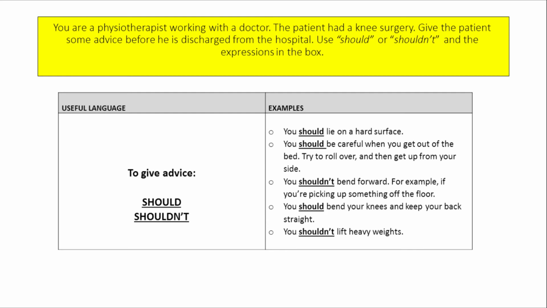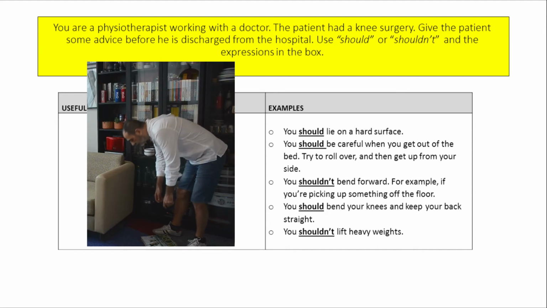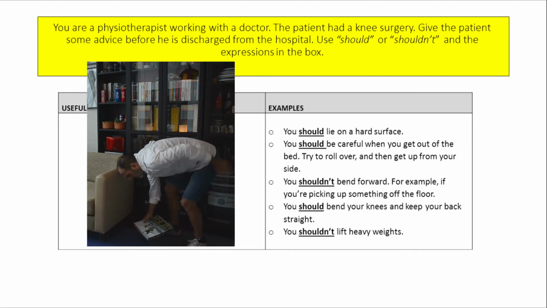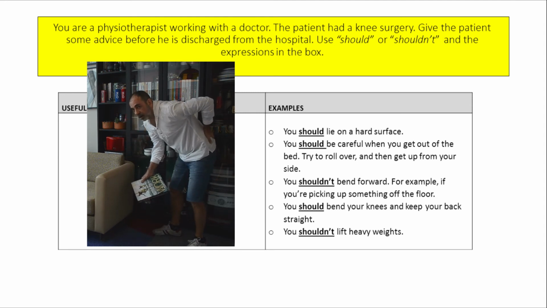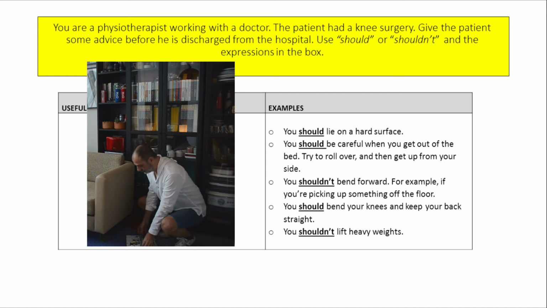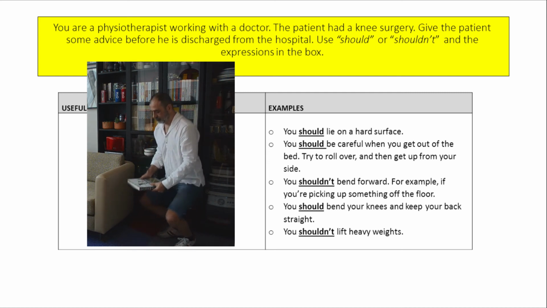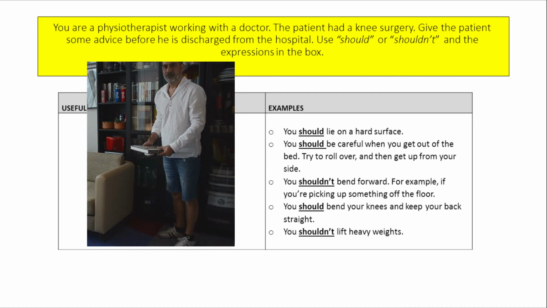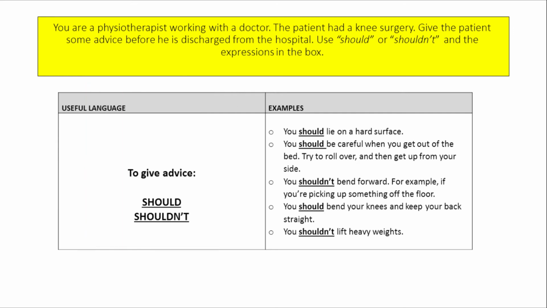You should be careful when you get out of the bed. Try to roll over and then get up from your side. You shouldn't bend forward, for example, if you are picking up something off the floor. You should bend your knees and keep your back straight. You shouldn't lift heavy weights.